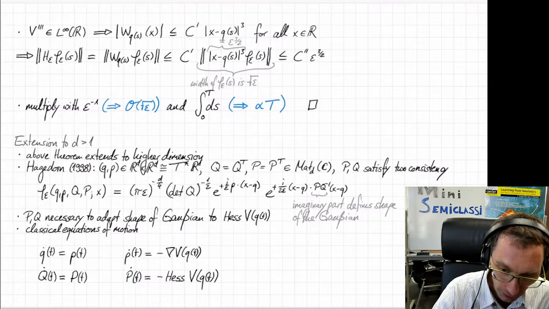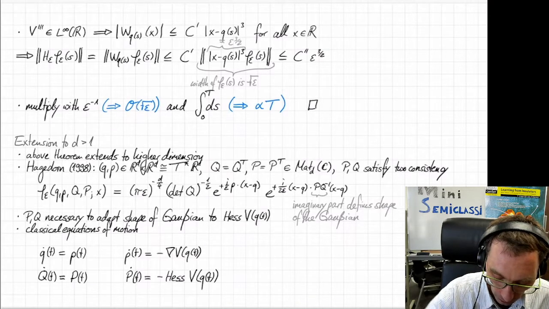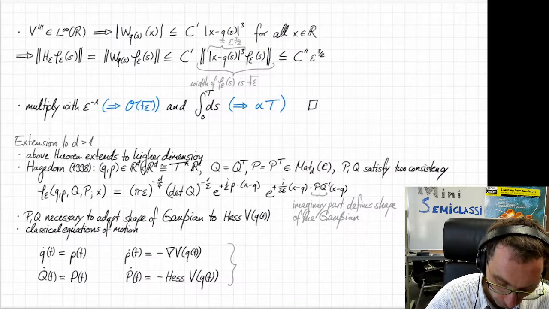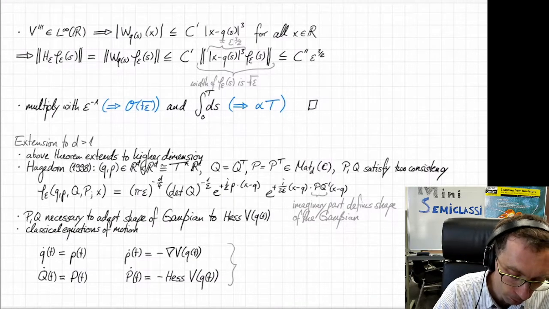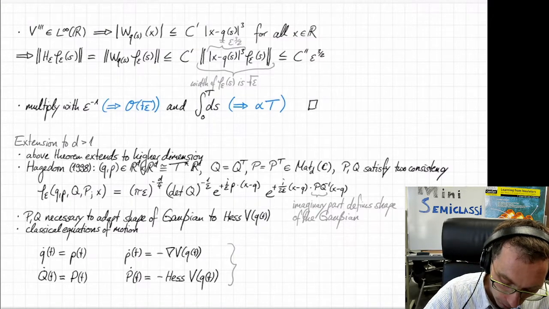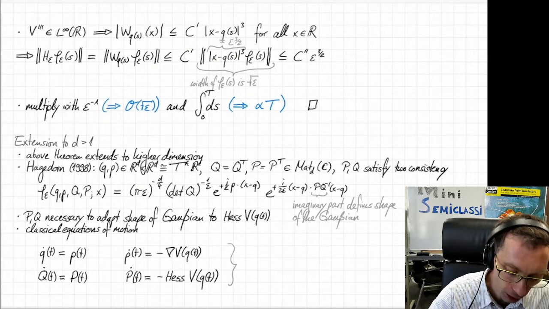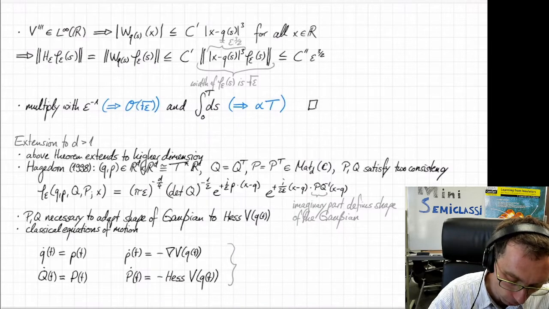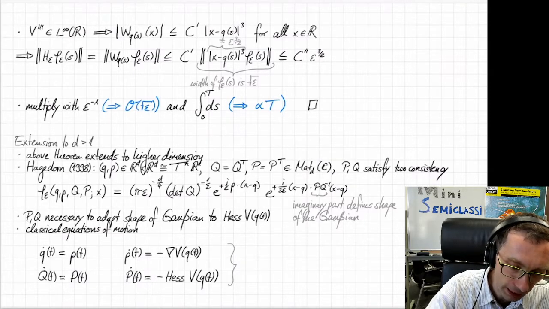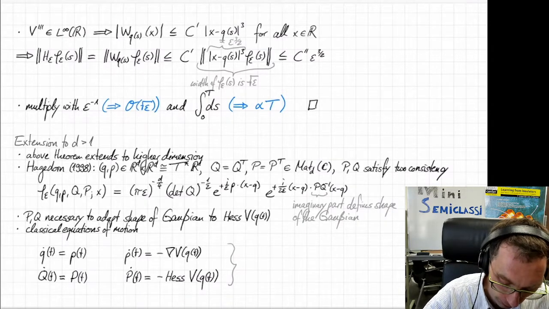And that means, if you look at it, that the equations for capital Q and capital P are dragged along the equations for small q and small p. So they're, in some sense, slaves to the translational dynamics.